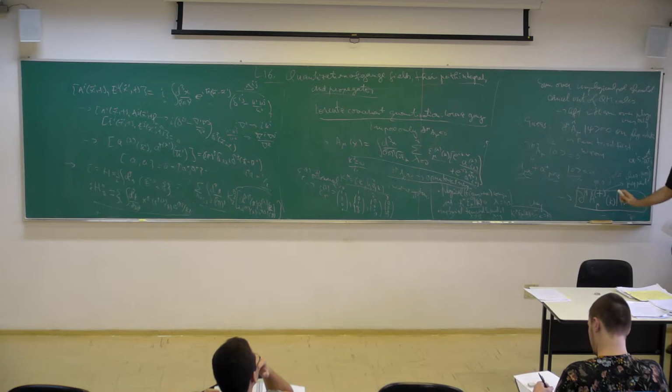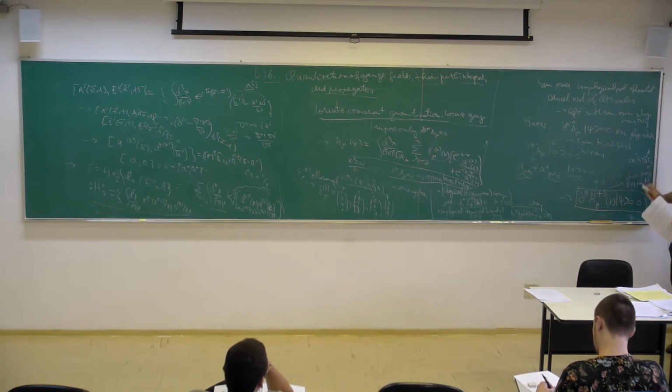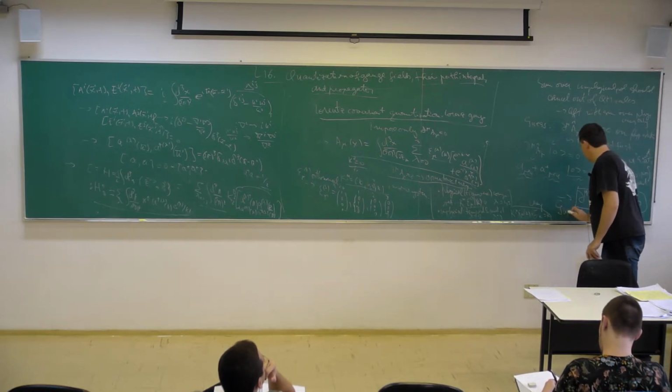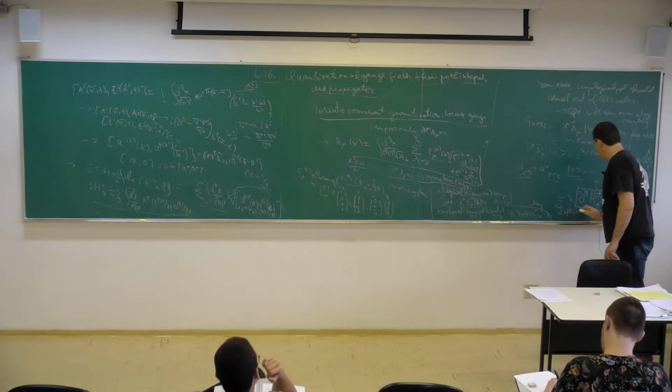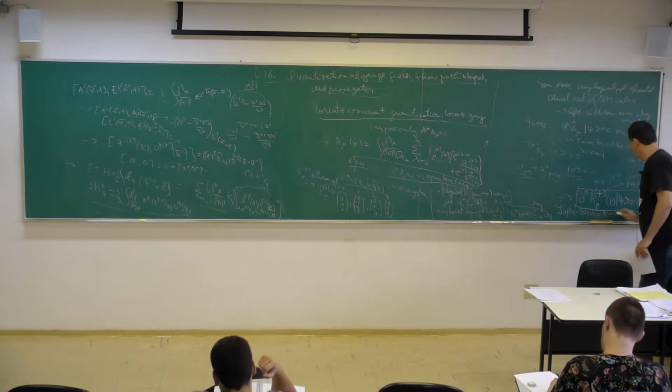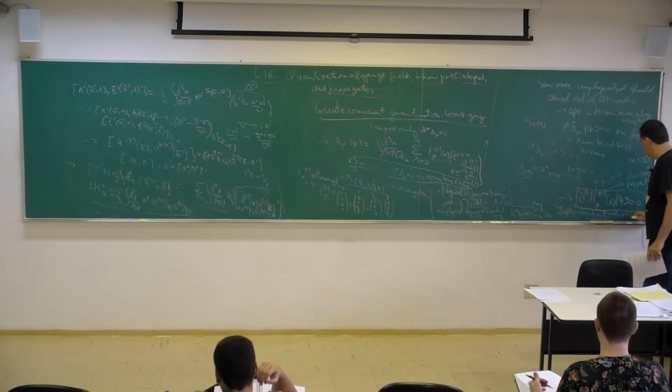So plus doesn't mean dagger, it means positive frequency, which means without dagger. Anyway, the quantization involved in this condition is called Gupta-Bleuler quantization, after the people who invented it.